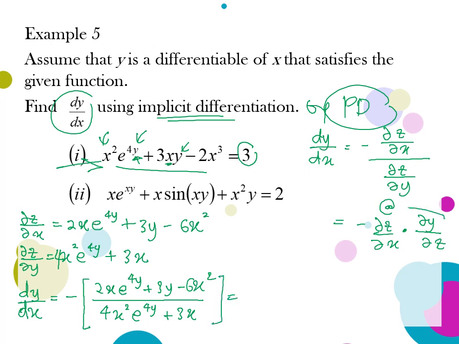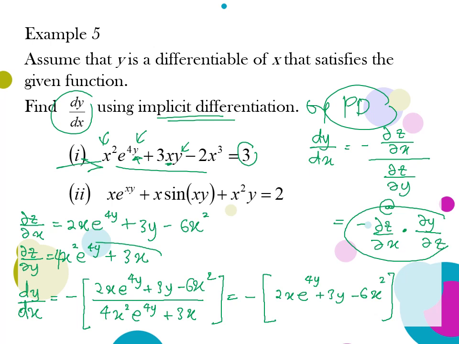If you apply the other formula, you will get a similar answer where it is negative del z del x, which is 2x exponent 4y plus 3y minus 6x squared, and then you multiply with del y del z.